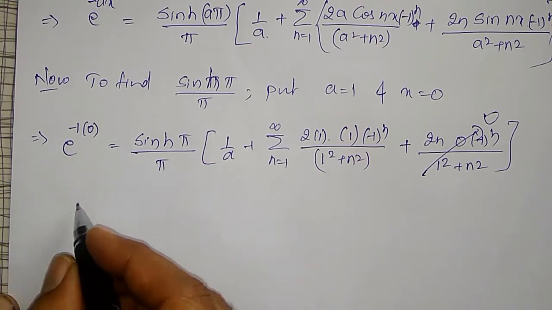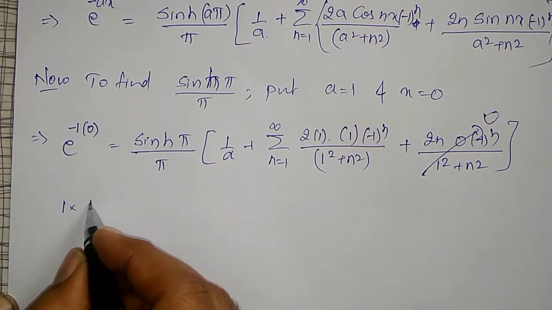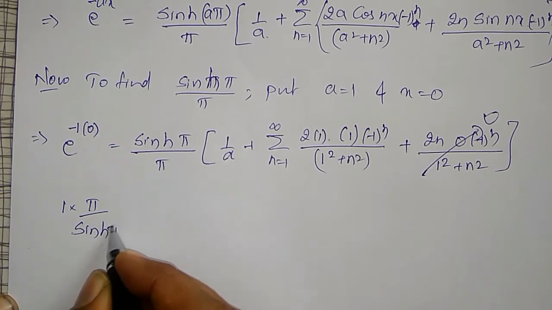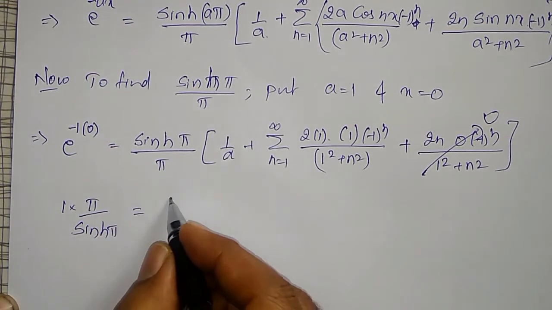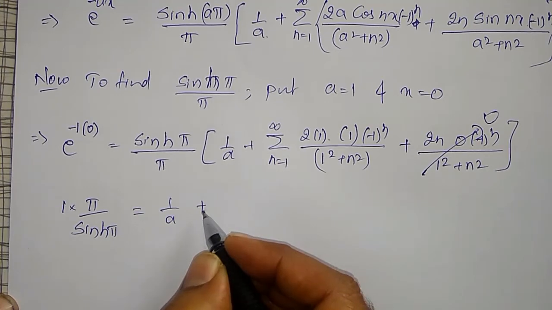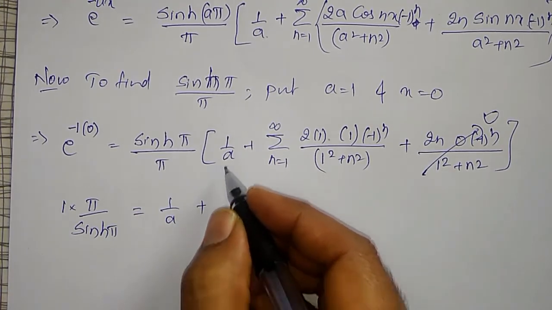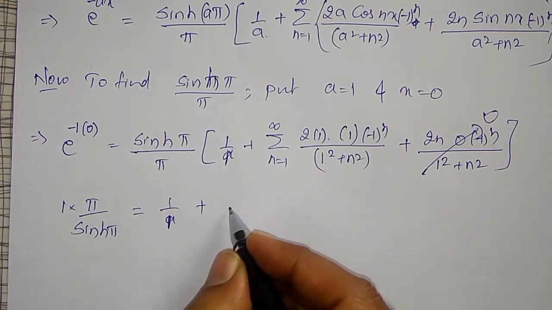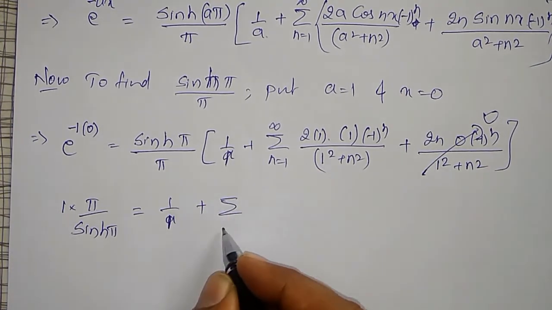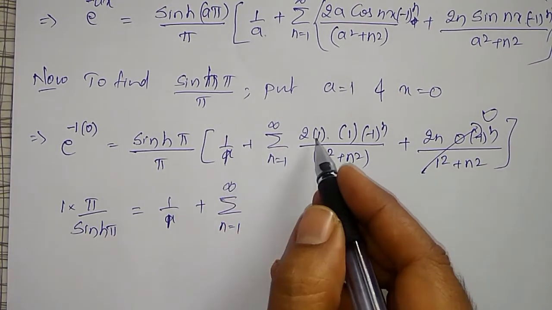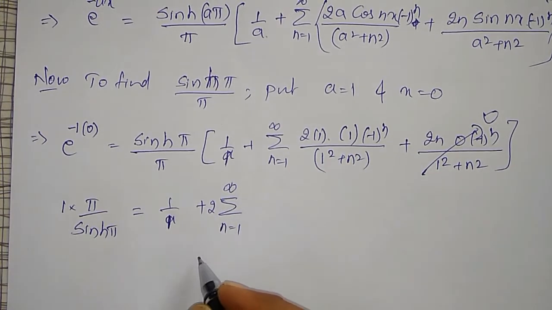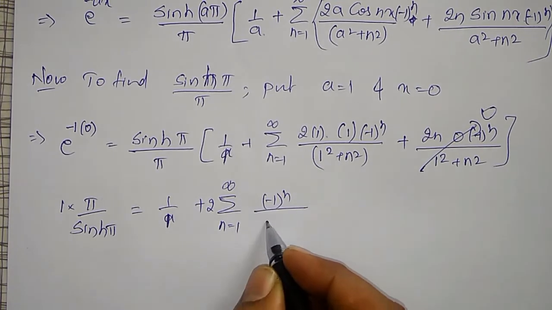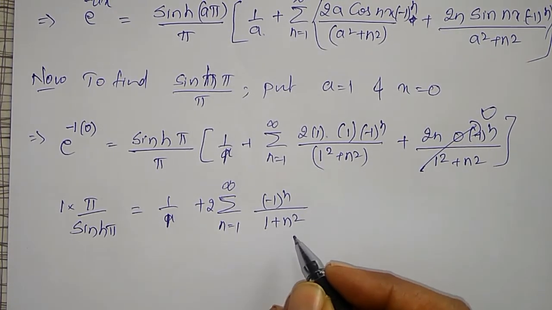This is equal to 1 into pi divided by sine hyperbolic pi is equal to 1 by a plus, correct, 1 by a is nothing but again 1, a is equal to 1, plus summation n equal to 1 to infinity, this 2 I will take outside, and this will become (-1)^n divided by 1 plus n square.